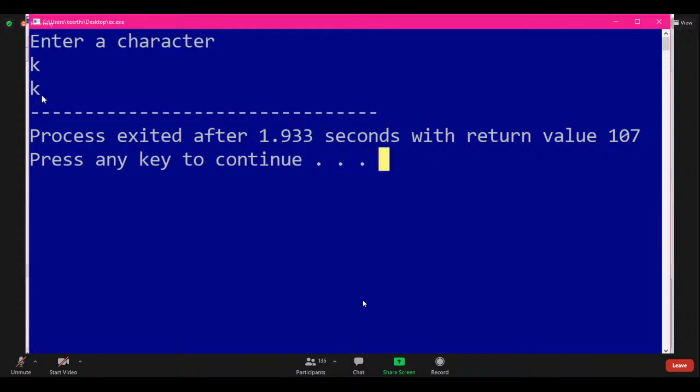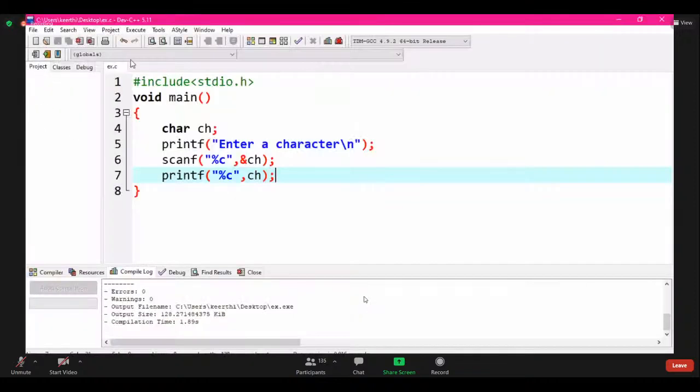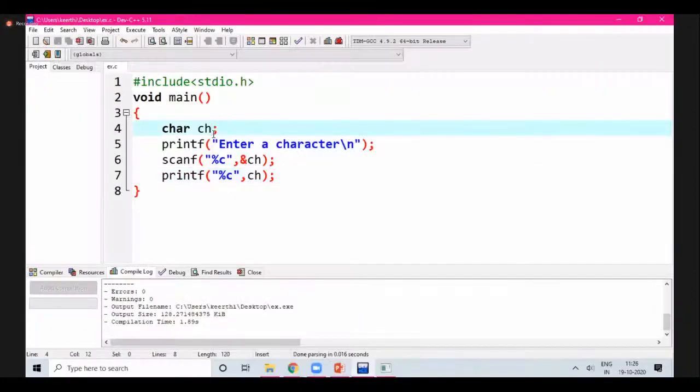It can read only one input, as I mentioned, because you are using ch as a single character constant.